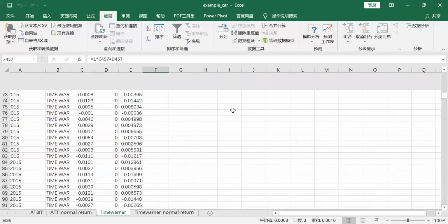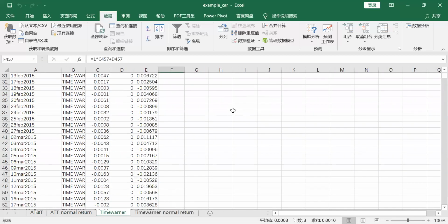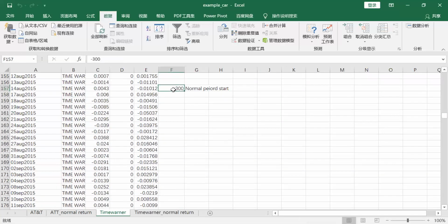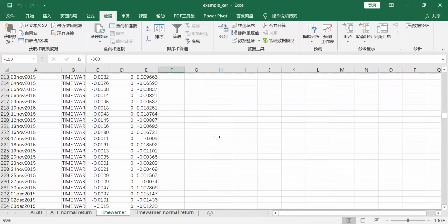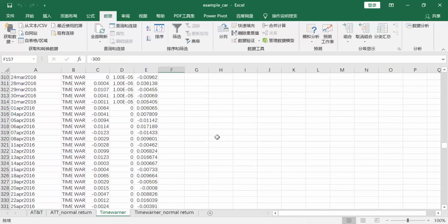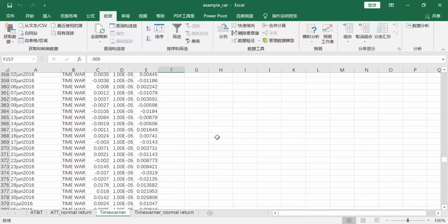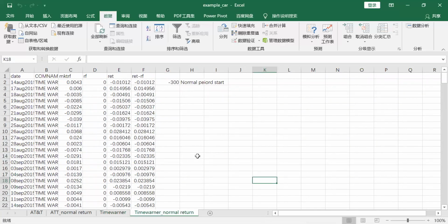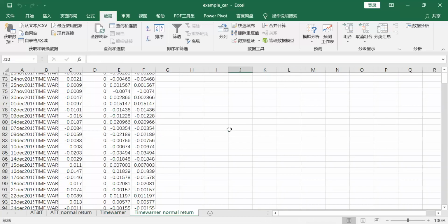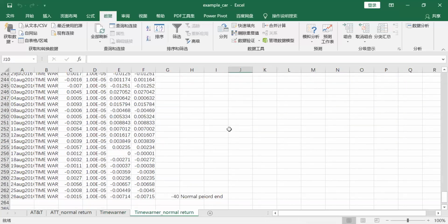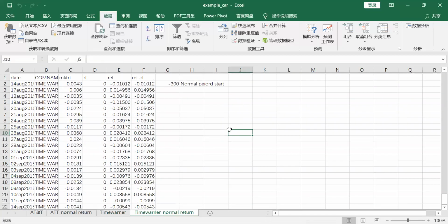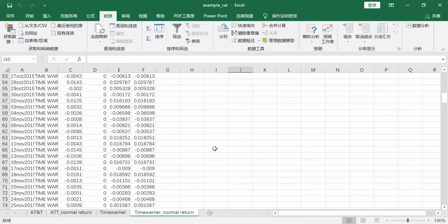Now for Time Warner, you can do the same thing. First of all, use the same method. We determine the normal period start date, which is 300 days before the deal announcement, and the end, 40 days before the deal announcement. In this fourth tab, I have shown the regression output to estimate the relationship between the individual stock return of Time Warner and the market risk premium.